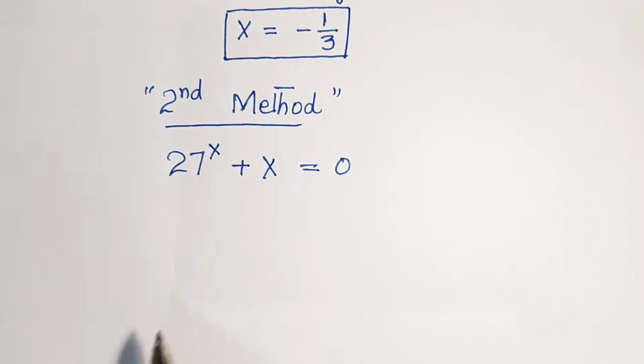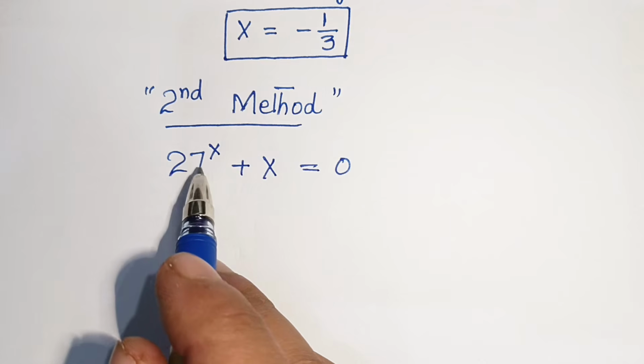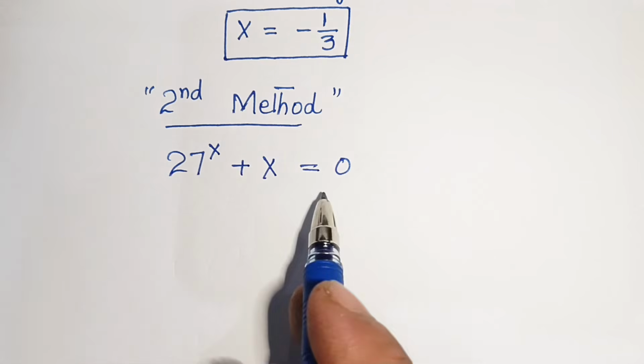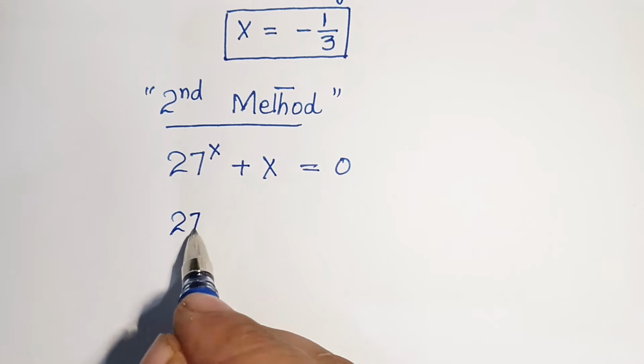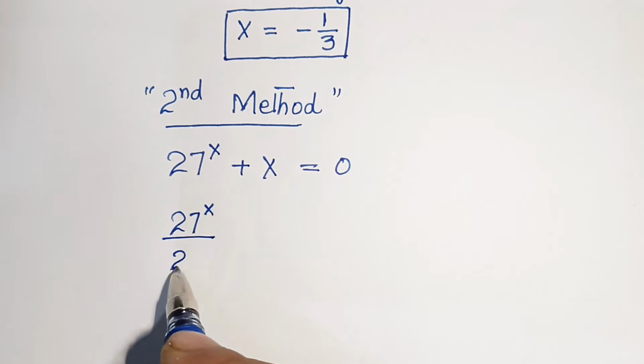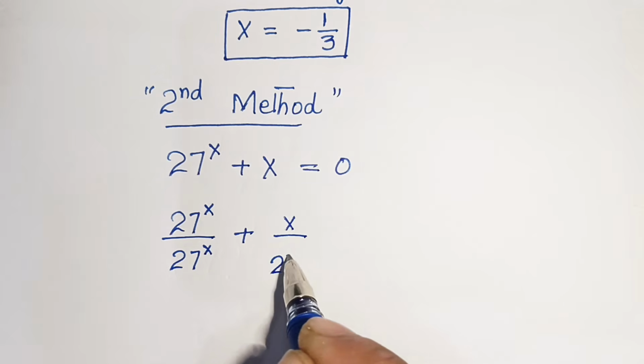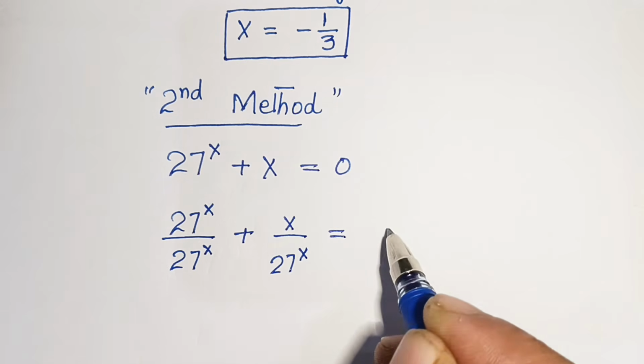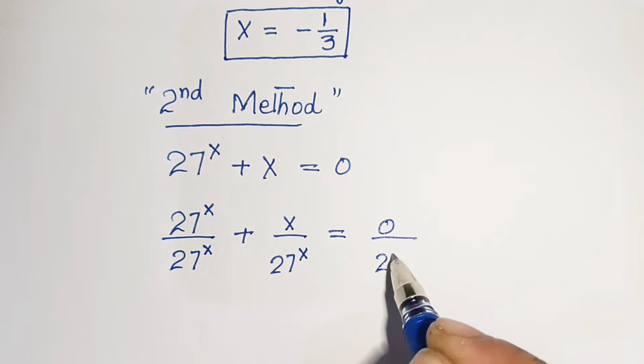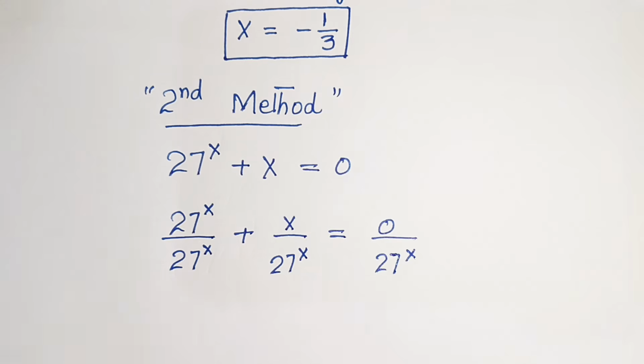Now if we divide each term by 27 to the power x, then we get 27 to the power x over 27 to the power x, similarly x over 27 to the power x, is equal to 0 over 27 to the power x.